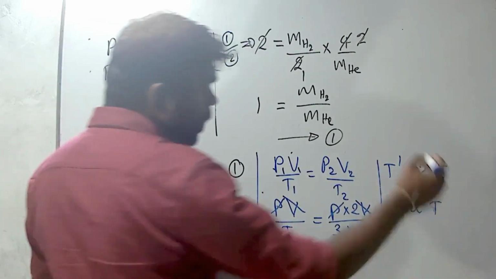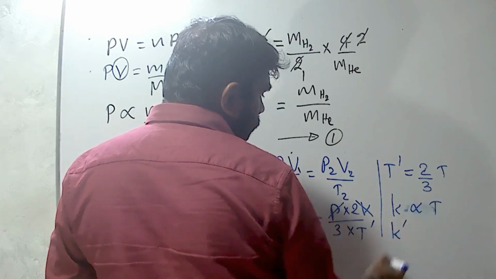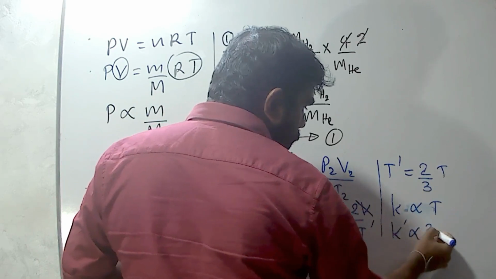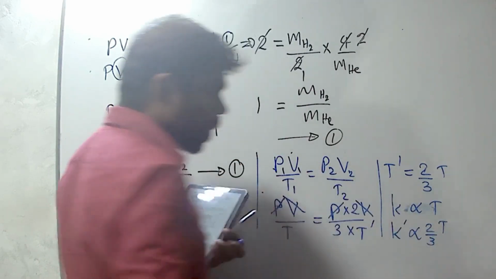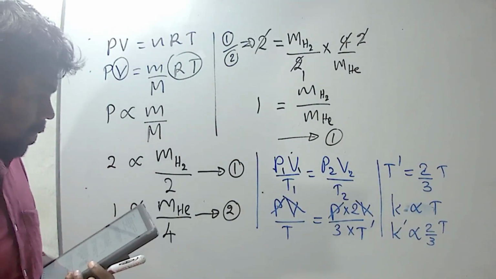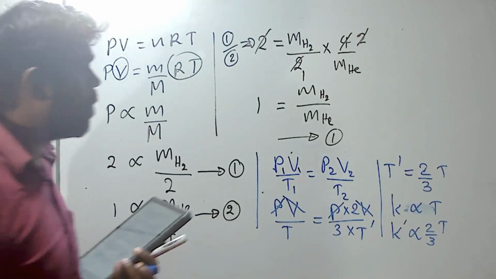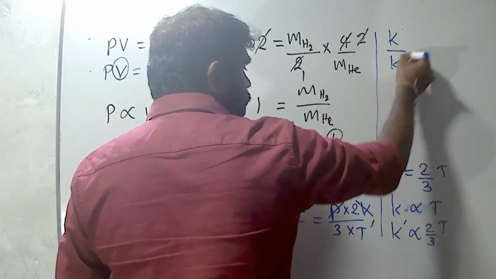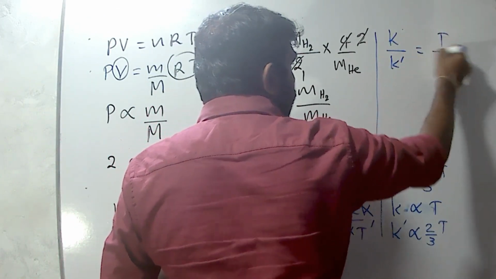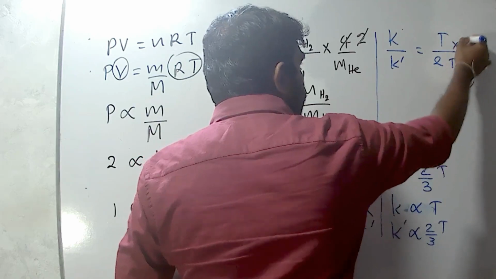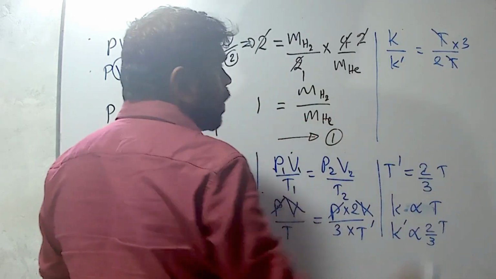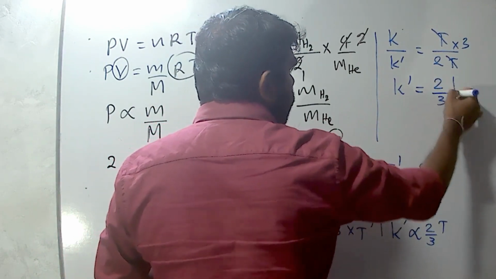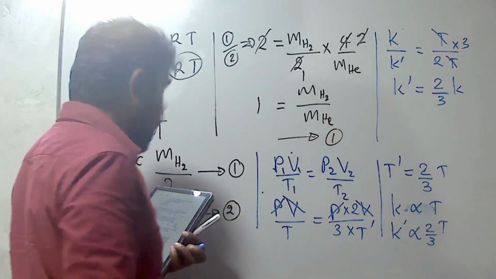If the final kinetic energy is K dash, it is directly proportional to this value, 2/3 T. Then we can divide both the equations. K divided by K dash equals T divided by 2T/3. Then we can cancel out T and T. We have to find the K dash value. K dash is 2/3 K. Then the correct answer is 2.